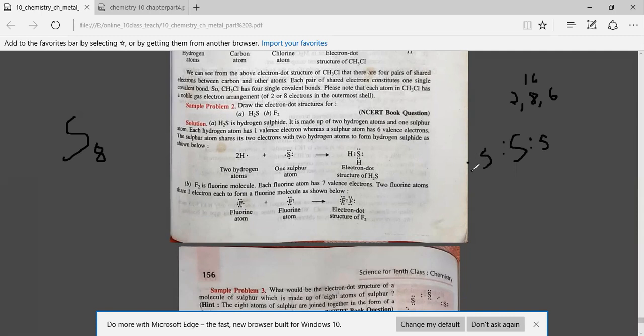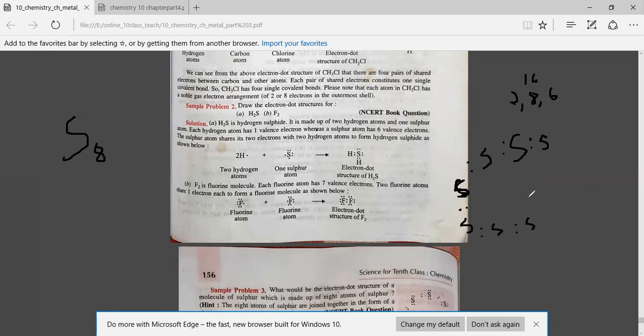This is sharing one pair of electrons with this sulfur, and this sulfur is sharing one pair of electrons with the other sulfur. So we have this one, two, three, four, five, and one, two, three, four, five, six, seven, eight.